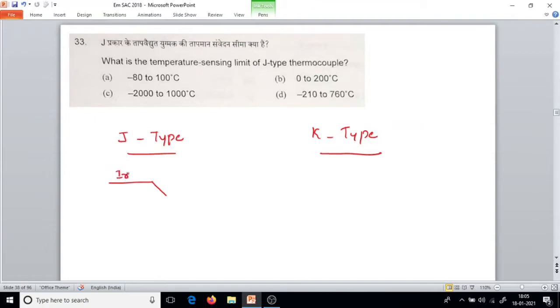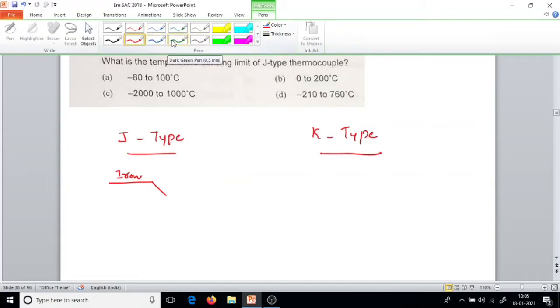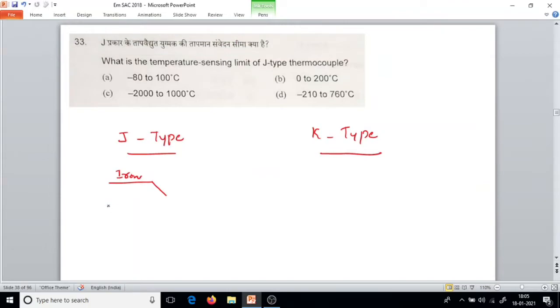This is iron, and one more metal we should have, an alloy combination or metal combination. Here this is the hot junction. What is this other metal? This metal is constantan.